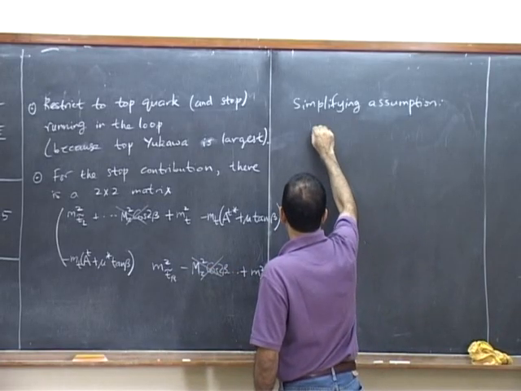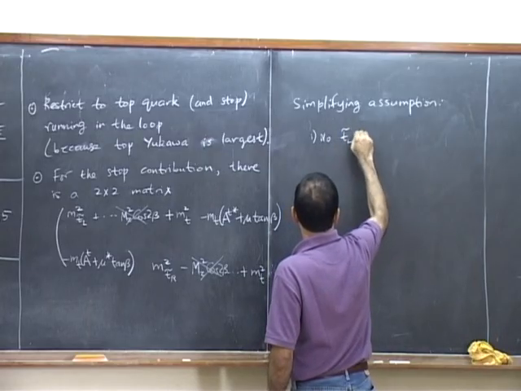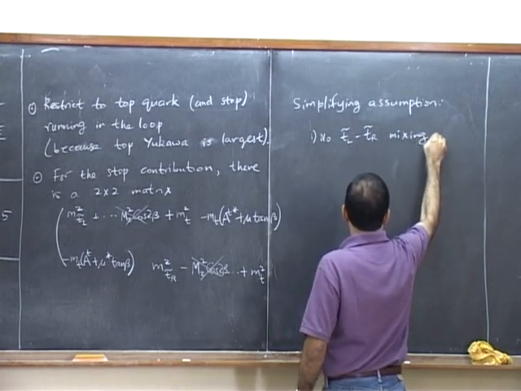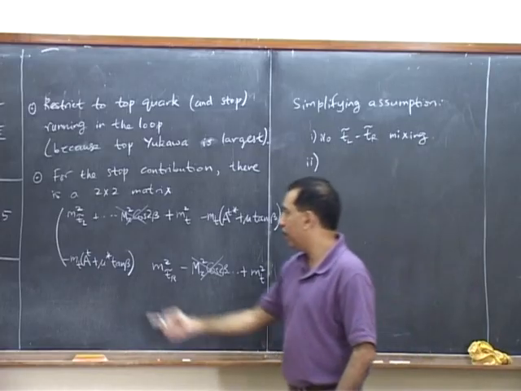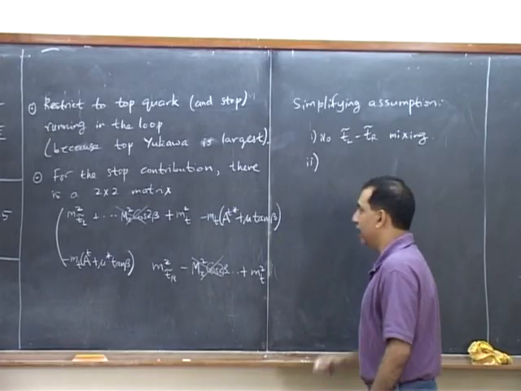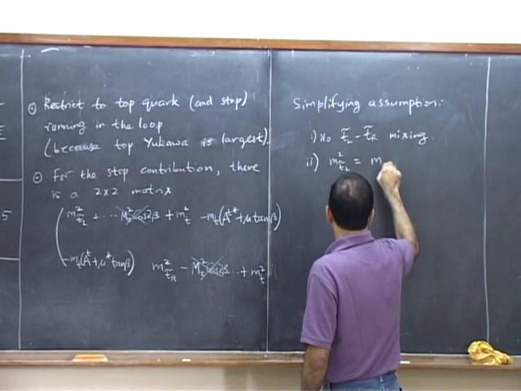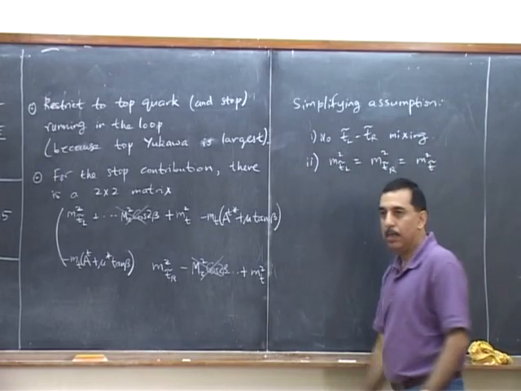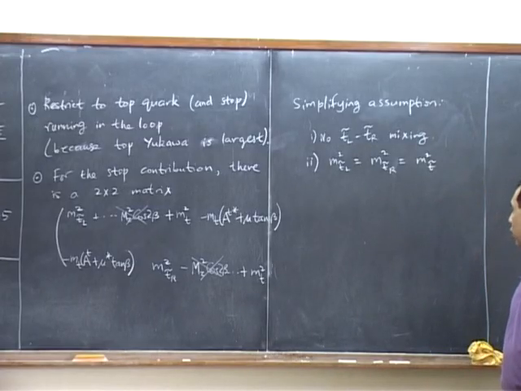So we would say that this is the assumption: no T tilde left, T tilde right mixing. Okay. And along with that, we might as well also simplify by saying that the soft parameter for T tilde left and right is just the same. And we'll call it M_T tilde squared. A warning in case you are going to compare this with the Drees, Godbole and Roy book.